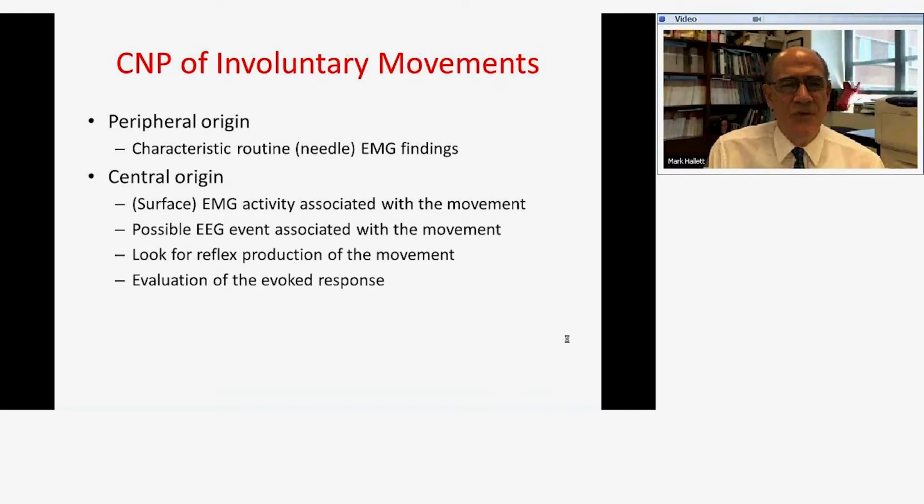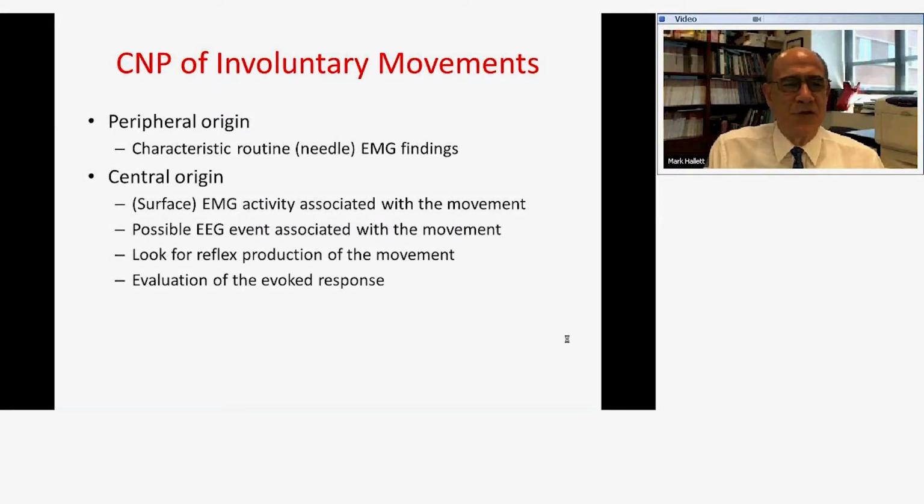And in general, if one is confused about those, there are characteristic patterns on routine needle EMG that can be helpful. One can see myochymic discharges, neuromyotonic discharges, cramp discharges, a variety of things that will give away that this is a peripheral problem. I think in general one can make those diagnoses, but the needle EMG can help.